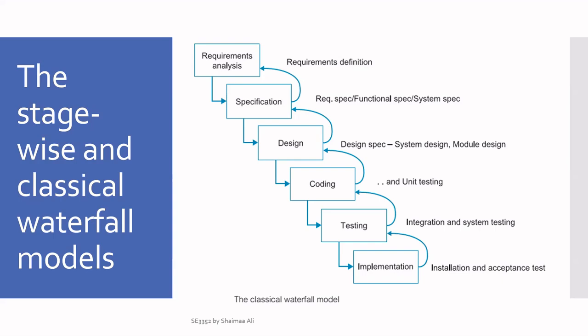So they said, okay, we need some refinements. We need to go back a little bit in order to correct mistakes and stuff like that. So they created the waterfall with a splash, as if the water is splashing back. So a little bit of planning for just going back to review or refine the previous step.